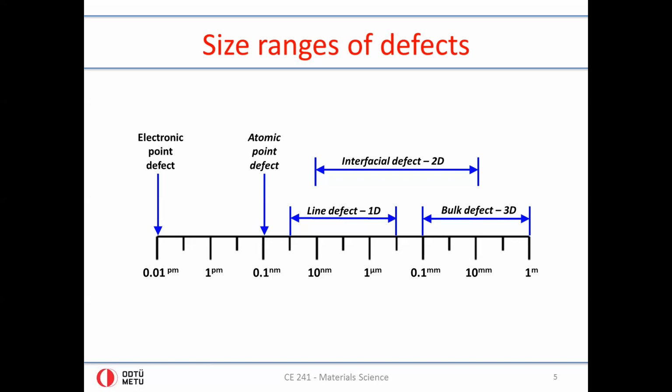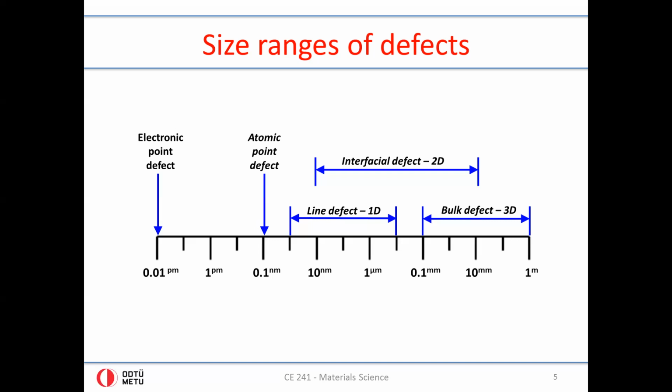Line and interface defects are smaller than bulk defects, but larger than point defects. Line defects are where you have a line of atoms, or a 1-dimensional chain of atoms. And an interface defect is when you have a plane of atoms.